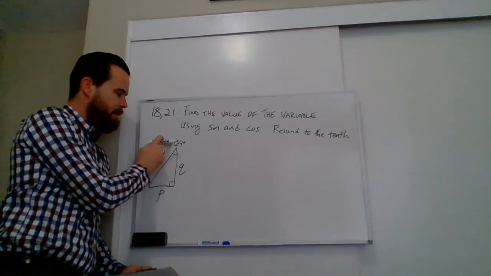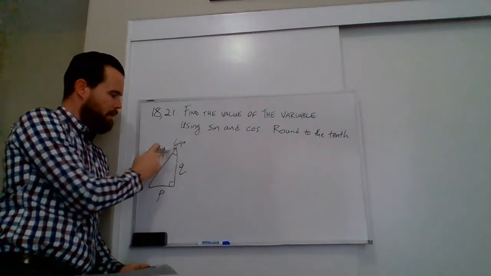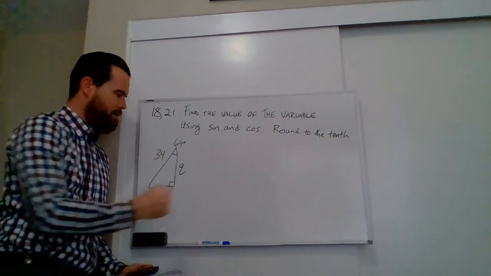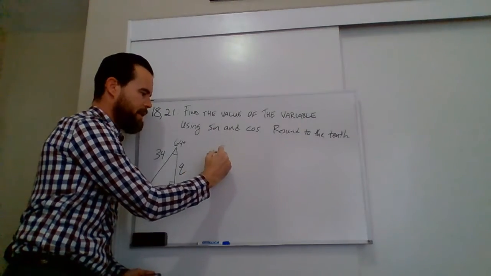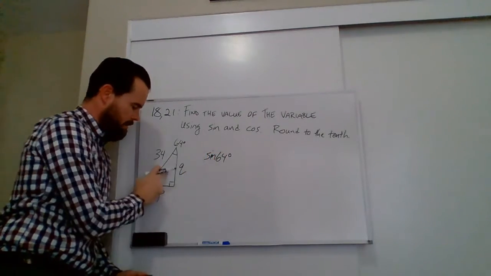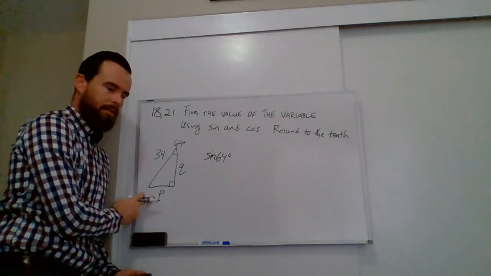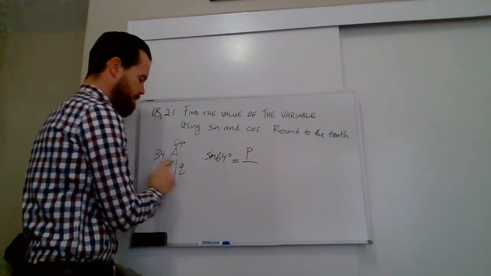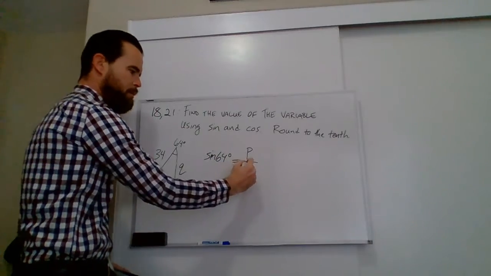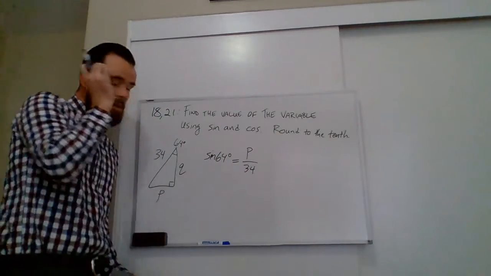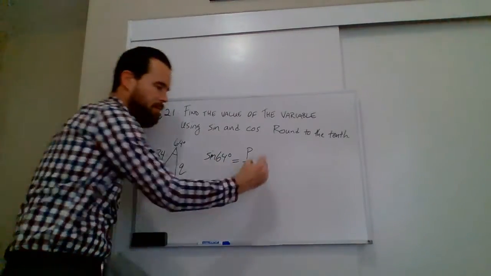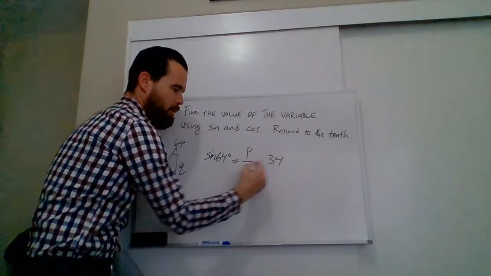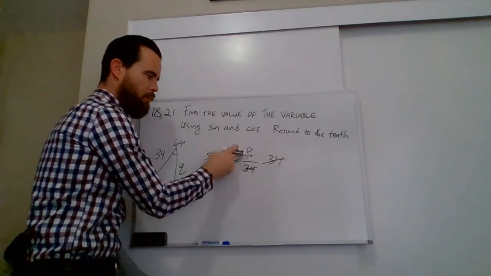So we're still going to be using this 64 degrees right here. Let's look at sine of 64. That's how we're going to find this opposite length. So sine of 64 equals the opposite side over the hypotenuse, so it's P over 34. Similar to the last one, multiply both sides by 34 to get P by itself.